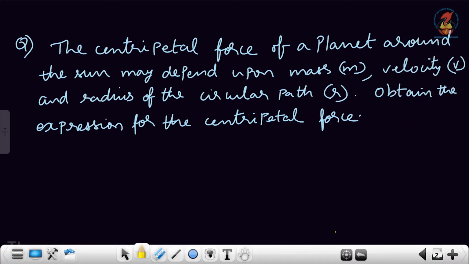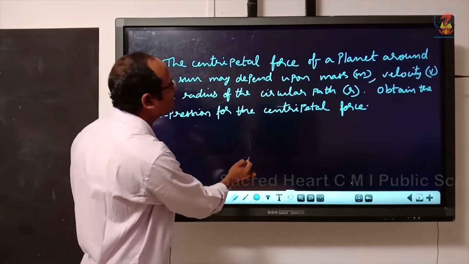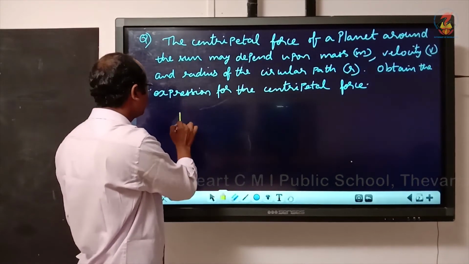The centripetal force of a planet around the sun may depend upon the mass, the velocity and the radius of the circular path. So obtain the expression for the centripetal force. So here they ask us the expression for the centripetal force.